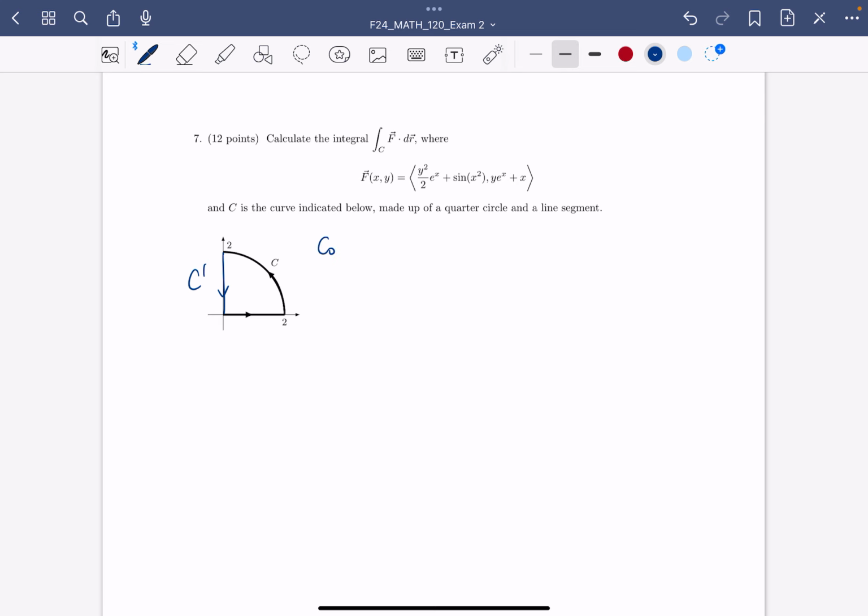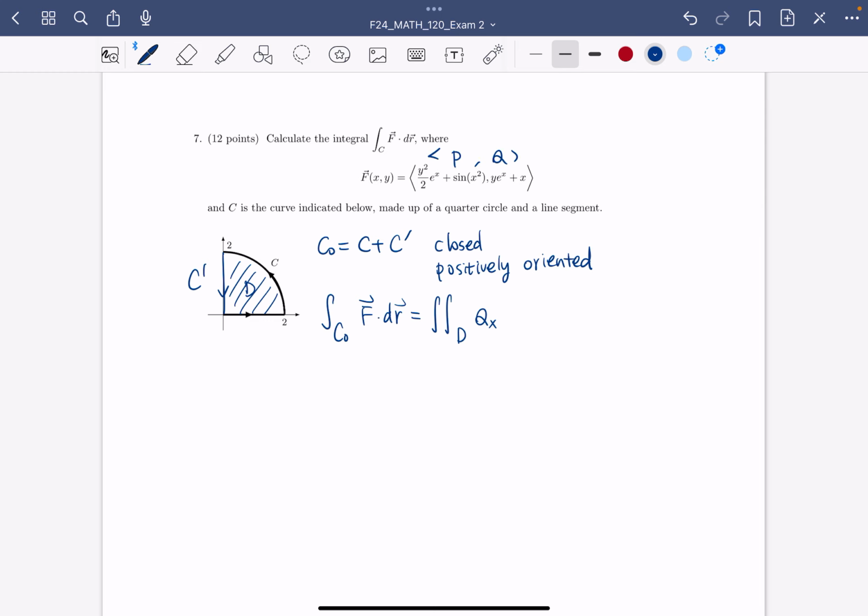And if we're looking at C0, which equals C plus C prime, this is a closed and positively oriented curve for the inside quarter circle D. So if we are looking at the vector line integral over this closed curve, we can do direct computation using Green's theorem: if F equals (P, Q), then we integrate the curl.